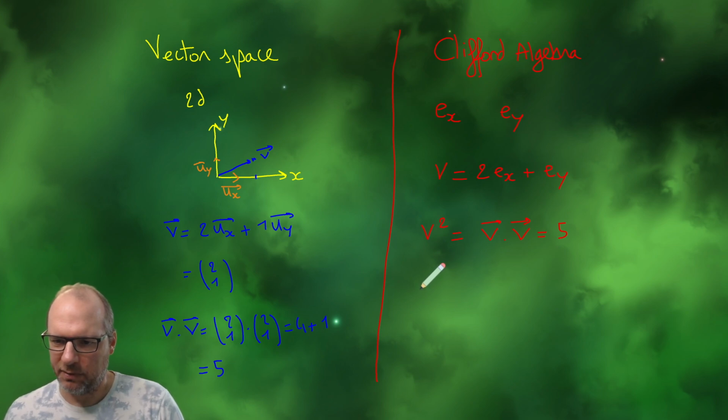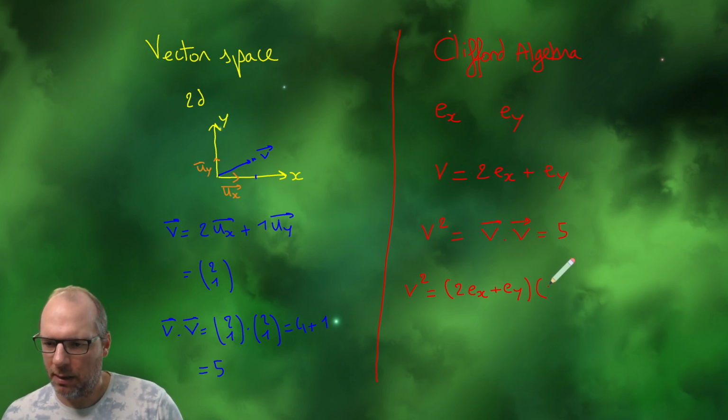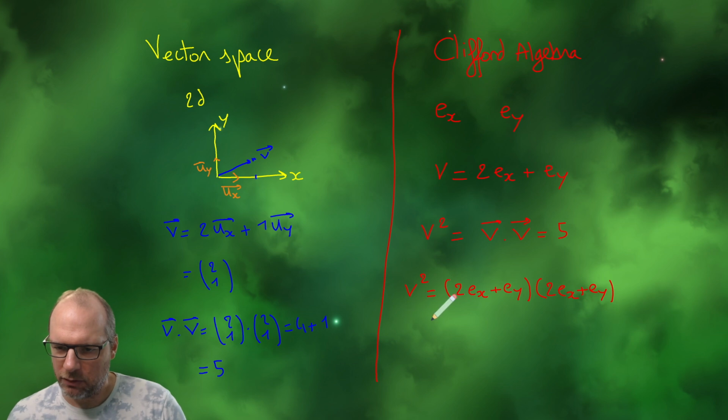So what happens if you try to calculate the square of this vector v? v squared equals (2 e sub x plus e sub y) times itself. Now we can use distributivity.